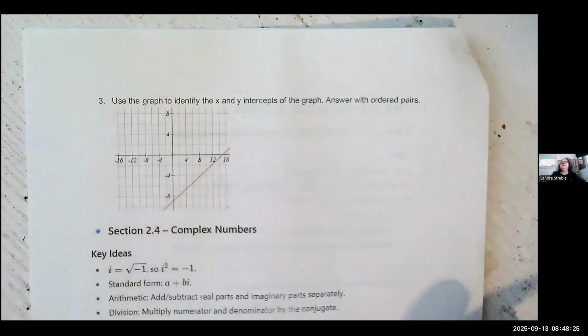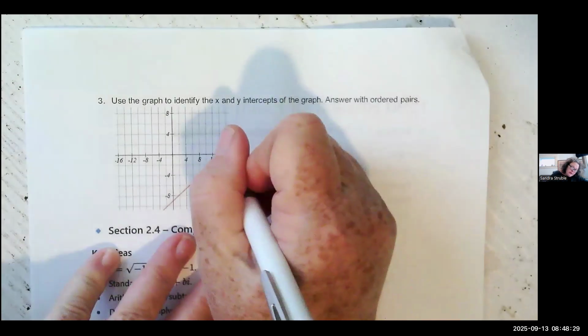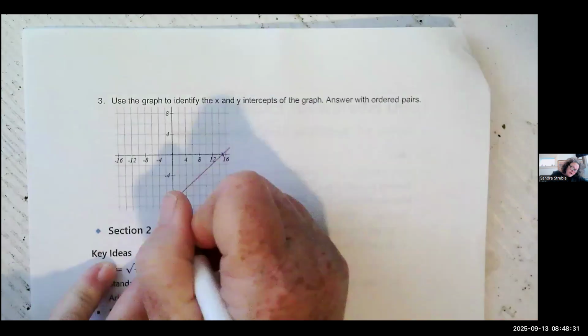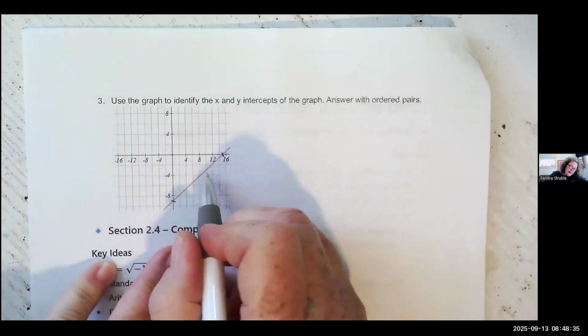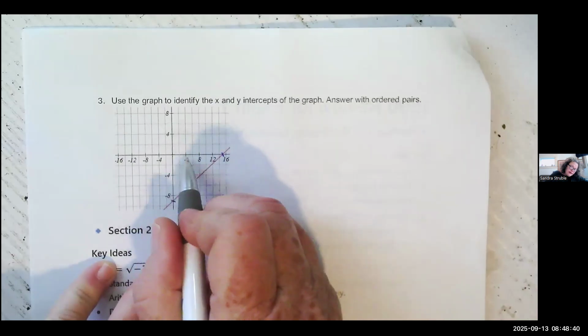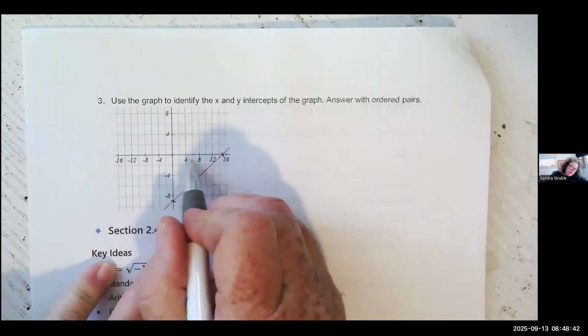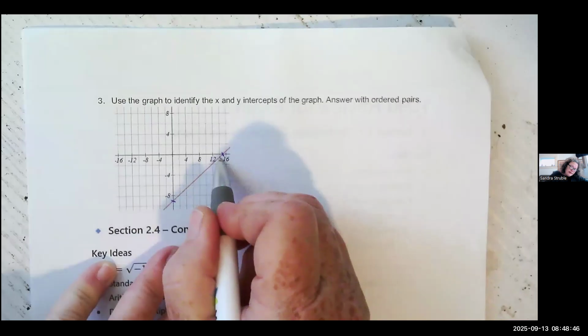Use the graph to identify the x and y intercepts on the graph. So the intercepts are where they cross the graph, here and here. So you have to look at how they are progressing. Each of these lines looks like they're 2. So 6, 8, 10, 12, 14.